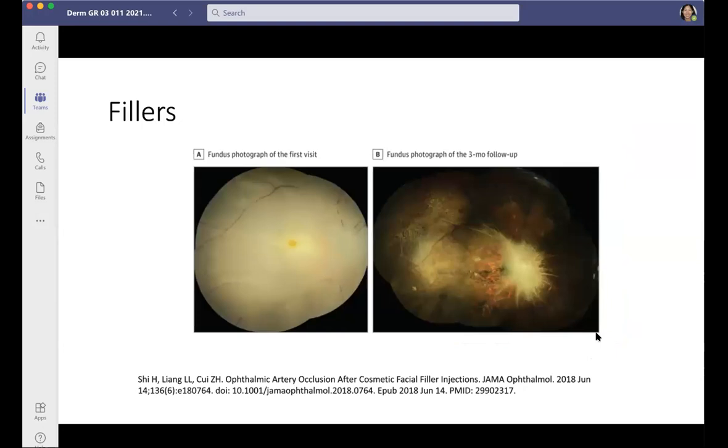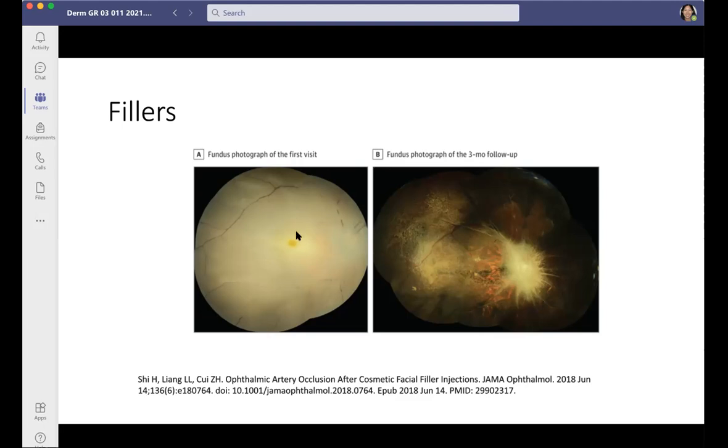Fillers are another common cosmetic procedure that's done by ophthalmologists, dermatologists, plastic surgeons. And this is really one where you can get into major ocular complications, primarily through iatrogenic embolization of the ophthalmic artery.